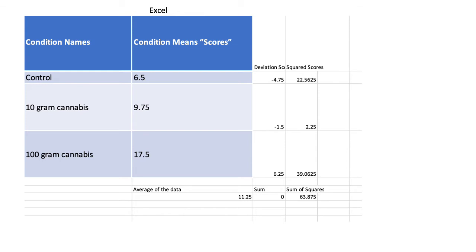So now I'm saying, well, what is the variation, the deviation of each of these scores from the grand mean? 6.5 minus 11.25, 9.75 minus 11.25, 17.5 minus 11.25. Boom, I'm going to check them. I add them up. Do they add to 0? Yes, they do. You can see that. And then I square them and add them up, and I get a sum of squares of 63.875. And we're almost done.